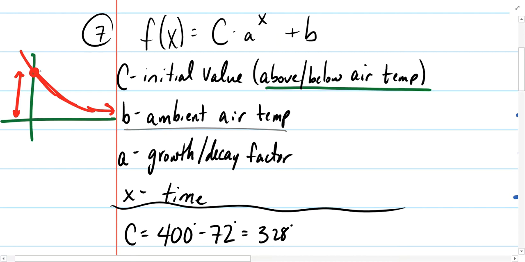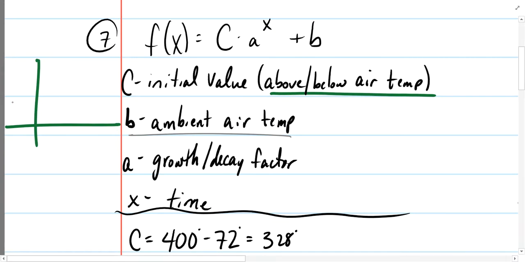That C value at this particular coordinate is only good if the graph tends towards 0, if it levels off at the x-axis. Since the Newton's law problems do not level off towards the x-axis, instead they level off towards some room temperature, some offset value, the C value in this case is not the measurement from the point to the x-axis, but it's the distance from that point to this horizontal line.